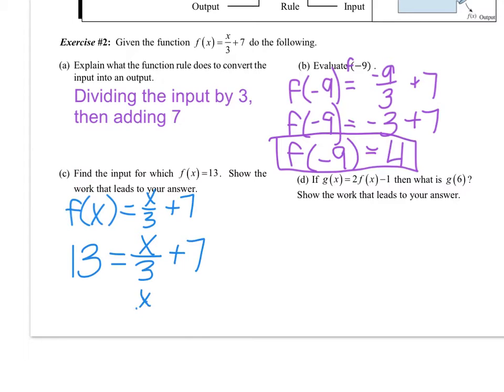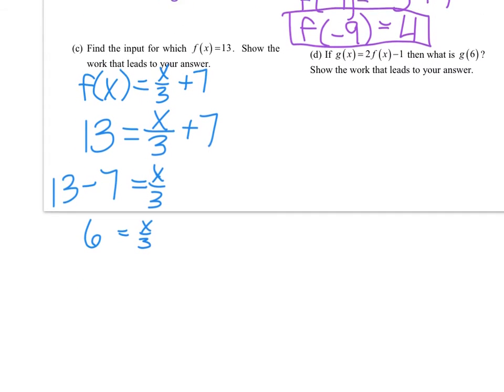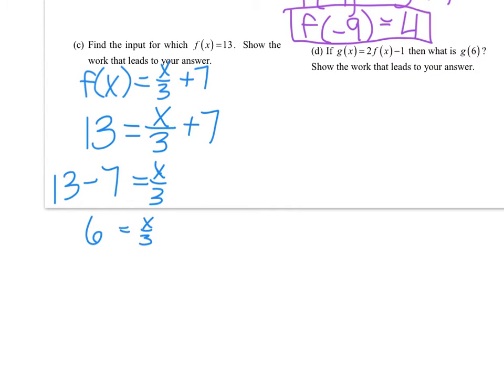So x divided by 3 I'm going to leave on that side, and then 13, and since I brought the 7 over, I'm going to do 13 minus 7. 13 minus 7 is just 6, and that equals x divided by 3. Since x is being divided by 3, to cancel out division, I multiply, and I have to do this to both sides.